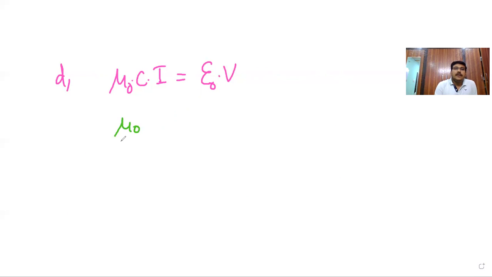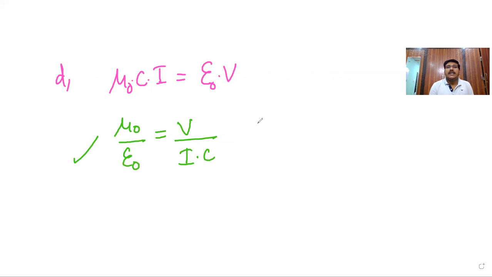Mu naught by epsilon is equal to V by I into C. Just now we have seen that mu naught by epsilon is V square by I square. There is no other term, that is the speed of light. Which is an incorrect one. So this is an incorrect option.